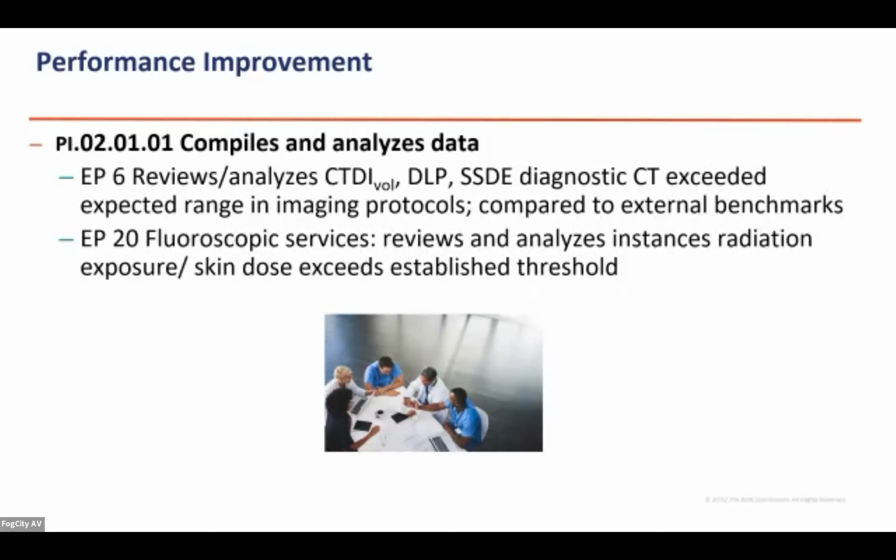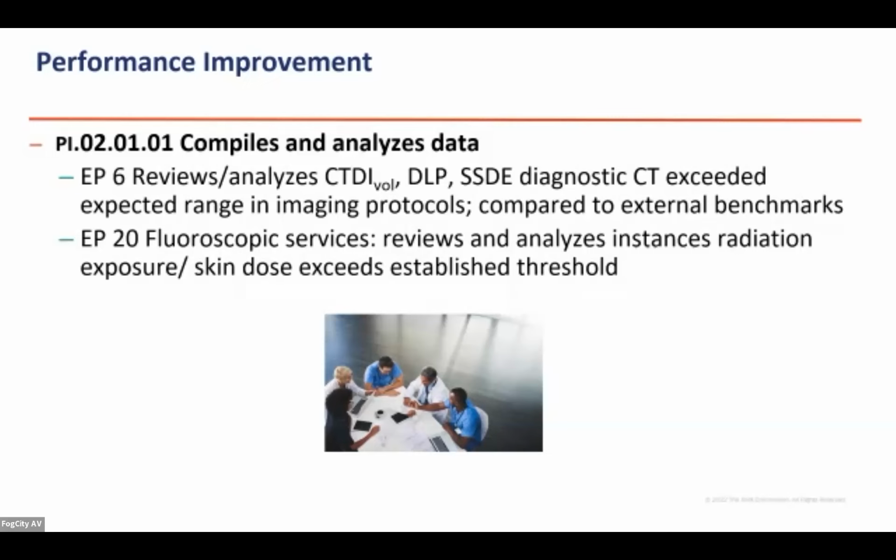But still, you need to have that review, and maybe there's something you can do to improve it, some other positioning device that might help. So we expect that you will be able to show that here are the exams that exceeded our thresholds, and here's what we did about them.